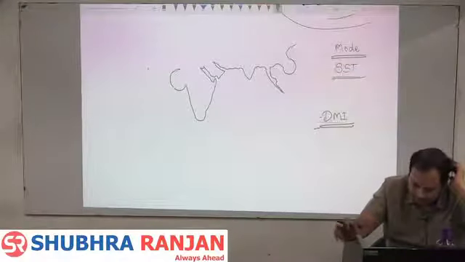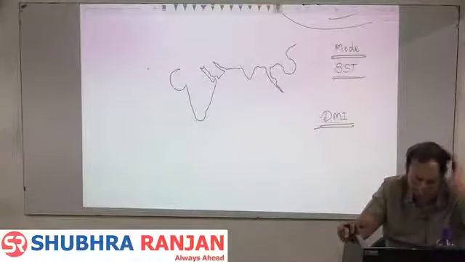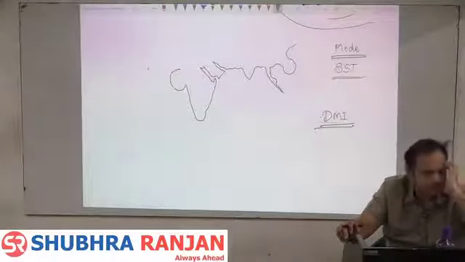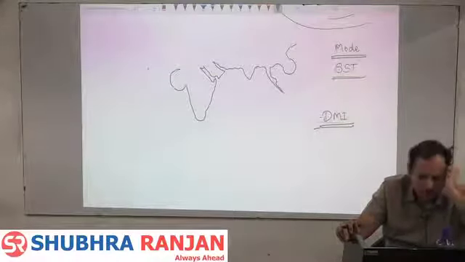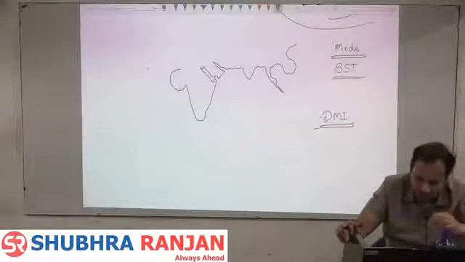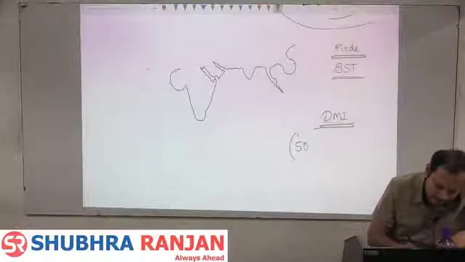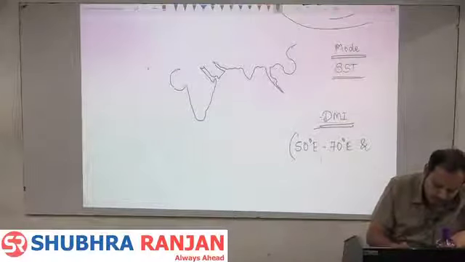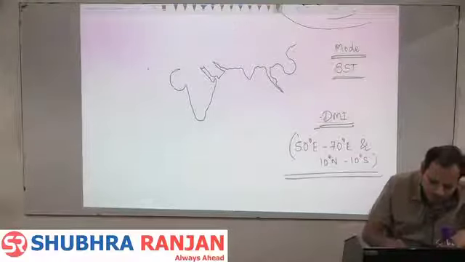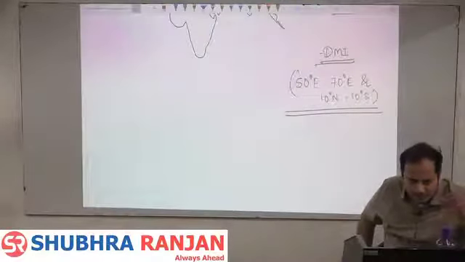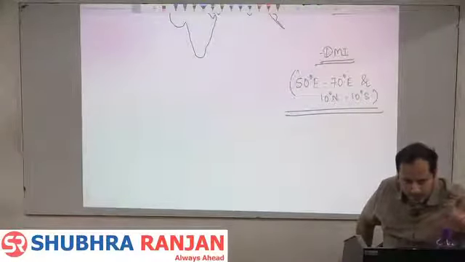Sea surface temperature difference between Western Indian Ocean, in brackets, longitude, latitude, 50 degrees east to 70 degrees east, and 10 degree north and 10 degree south.